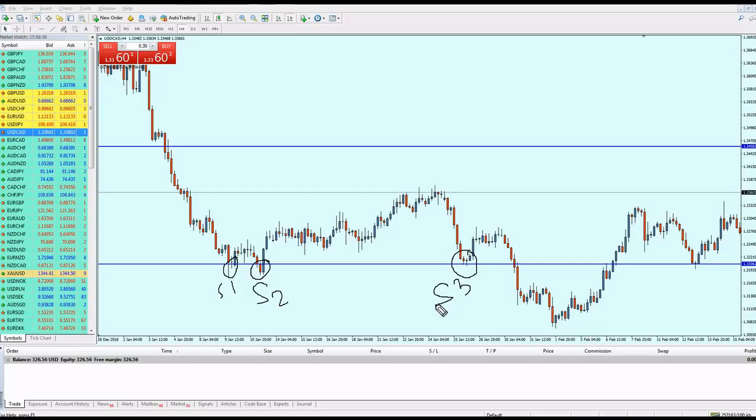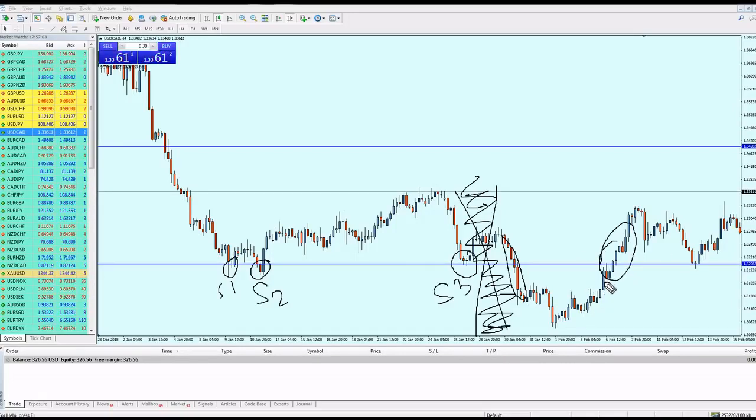Now what we see here is that this level of support has eventually broken out. When we say this level has broken out, it means the counting is stopped. Now there is a wall here and we cannot continue counting the attempts. The count of the support has been reset.